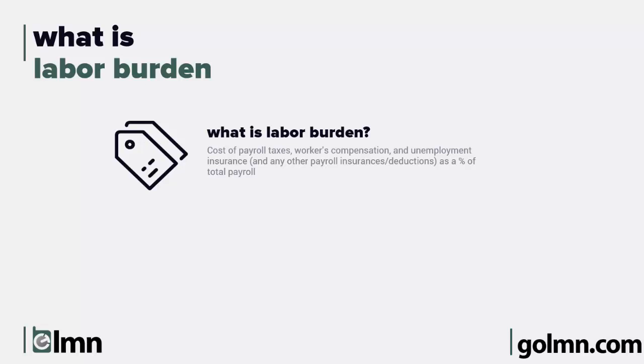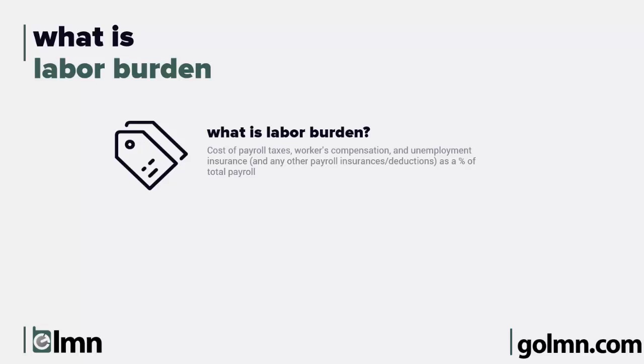Now why? You could, and it wouldn't be any different, enter the cost of payroll tax and workers' compensation and unemployment in as a dollar figure. But when you get into changing your field labor budget, adding employees, subtracting employees, giving people a raise, changing the hours, it makes calculating these things really time consuming.